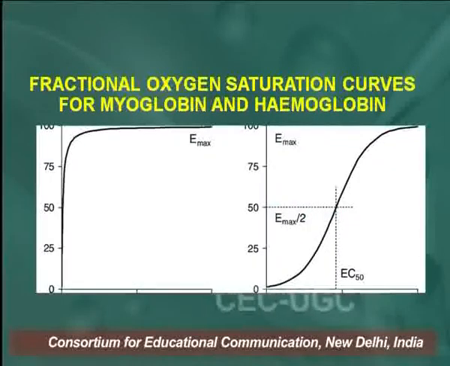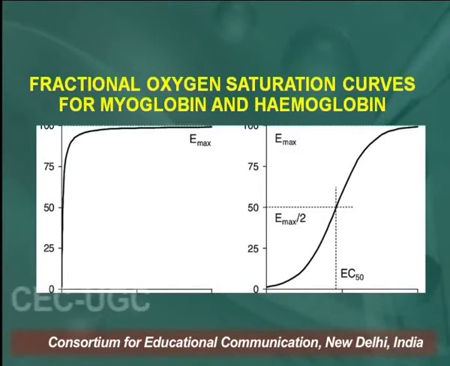That means, in case of myoglobin, the curve on the left hand side, it shows that higher partial pressures, as you can see, between 75 to 100, are required for myoglobin to reach saturation, and it reaches saturation of oxygen. Why? Because it is a monomer. It cannot hold more than one oxygen molecule at a time.